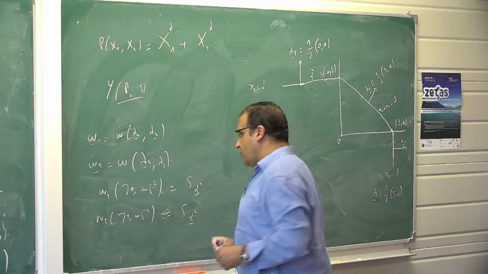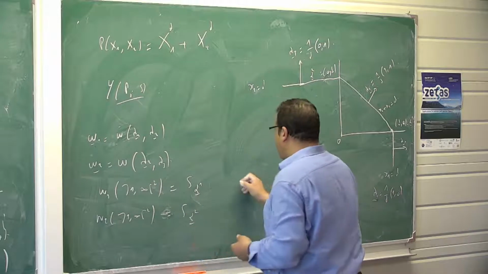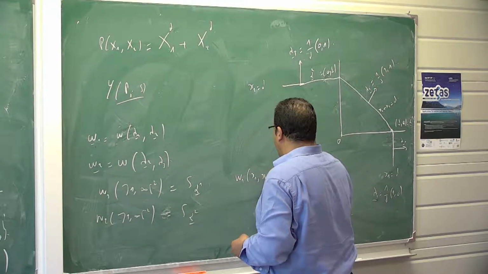And we can write explicitly this function omega 1 of (x1, x2).